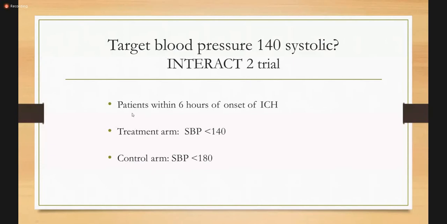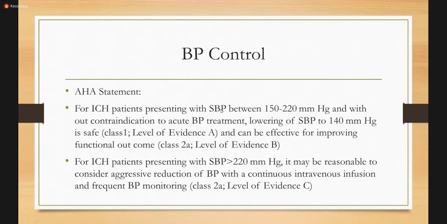In patients within 6 hours of the onset of intracerebral hemorrhage, the treatment is to lower the systolic blood pressure below 140 mmHg and keep systolic blood pressure less than 180 mmHg. These are the guidelines for intracerebral hemorrhage patients presenting with systolic blood pressure of 150 to 220 mmHg and without contraindication to acute BP treatment.